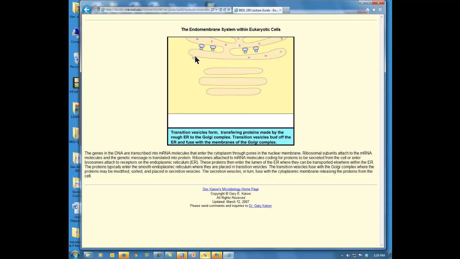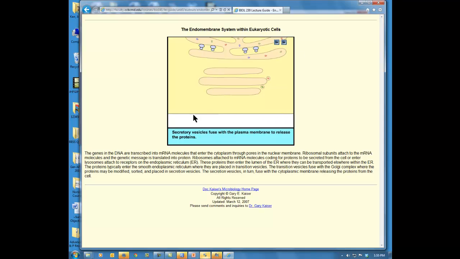vesicles, and they're going to be taken in by the next organelle, which is the, do you know? The Golgi apparatus. If you said that, that's correct. So endocytosis, taking those proteins into the Golgi. It modifies those proteins chemically again and exports them by exocytosis to the plasma membrane, which would be right here.